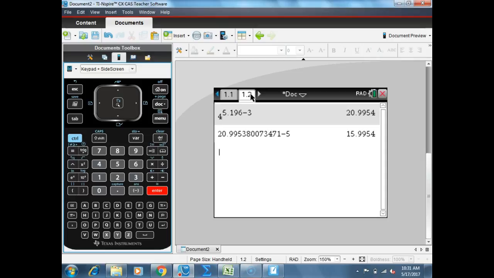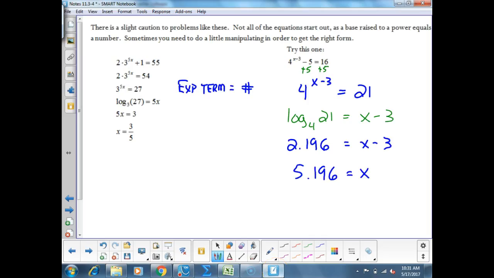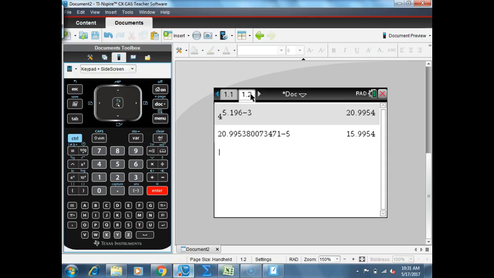You don't need the minus 3. If I'm checking 5.196, I need the minus 3, because the problem was x minus 3, and that's what x is. So yeah, I need the minus 3. But there's something else that's wrong. What else is wrong with this problem?